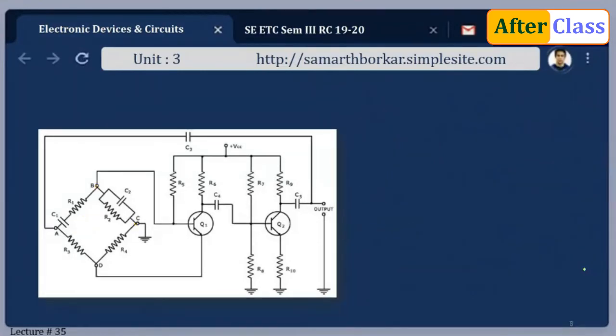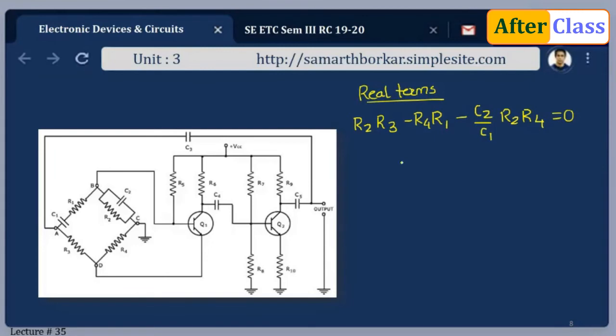Okay, and then separating real and imaginary terms, I can write this as R2 R3 minus R4 R1 minus C2 by C1 R2 by R4 equals 0, or C2 by C1 equals R3 by R4 minus R1 by R2.